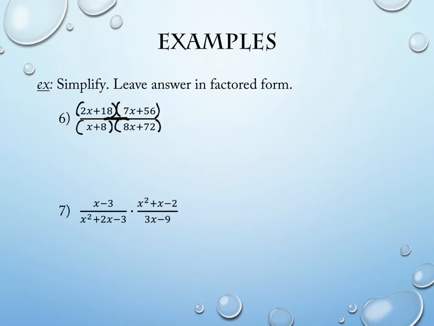So if I take a look at each of the parentheses individually, let's look at the first one, the 2x plus 18. What do they share in common? A 2. So I'm going to pull a 2 out of that piece of my numerator. If I pull a 2 out of 2x plus 18, what am I left with? X plus 9. And we move to the second piece, 7x plus 56.